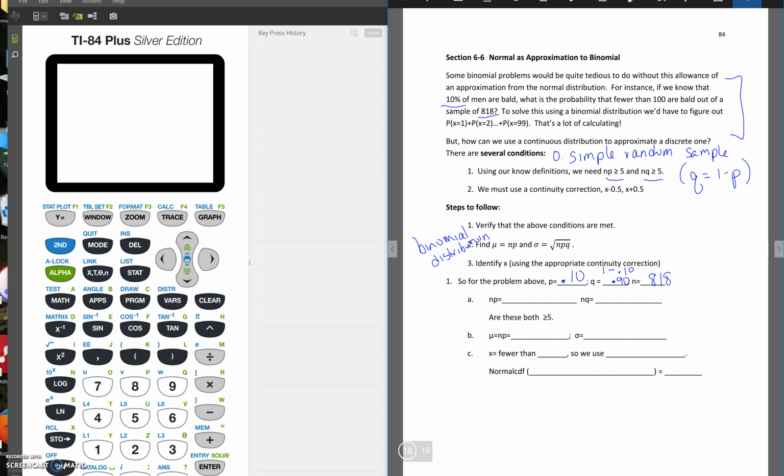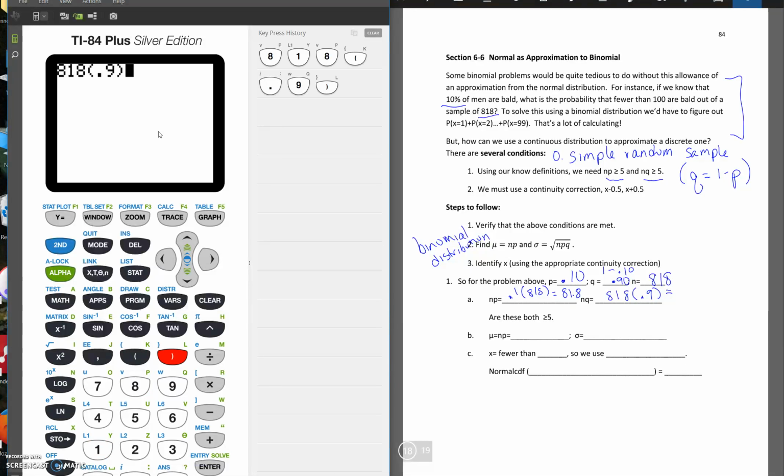So n times p will be 0.1 times 818, which gives us 81.8. And n times q would be 818 times 0.9, which is 736.2. Both of those are bigger than 5, so we're okay.